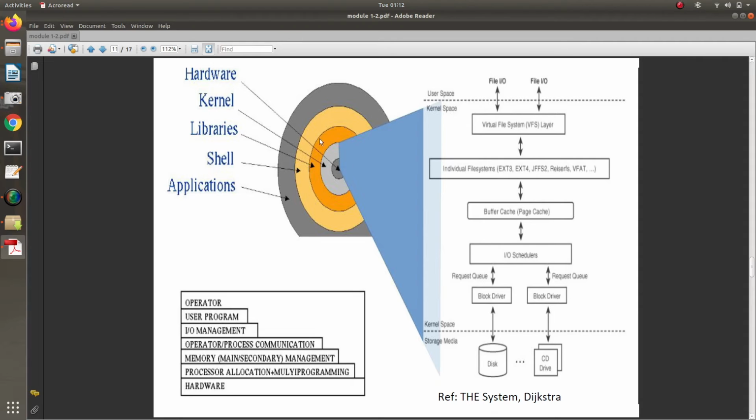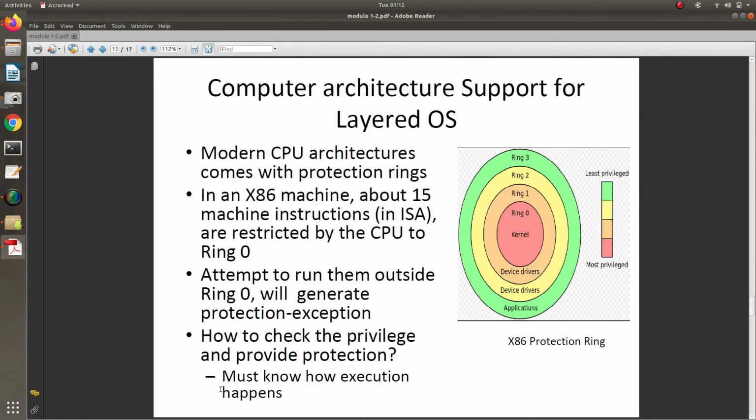The kernel can be accessed by the various libraries that are there. The libraries can be accessed by the shell, and the shell can be accessed by the applications. So this is how it works. The upper layers are always dependent on the lower ones. Application is the highest layer. So this is a 1, 2, 3, 4, 5 layered operating system diagram. Okay, so that's it for this, and moving on.